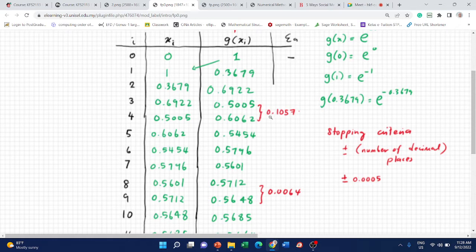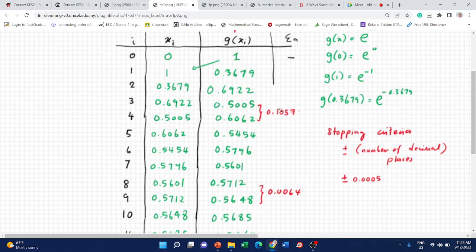We stop the iterations depending on the number of decimal places or significant figures in that problem. Because this is 4 decimal places, we stop when the difference between the current and the previous one is less than 0.0005.